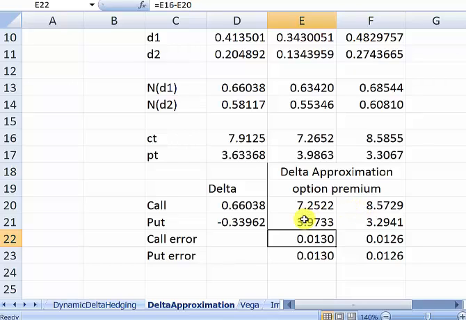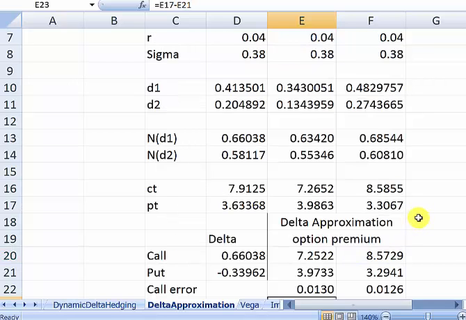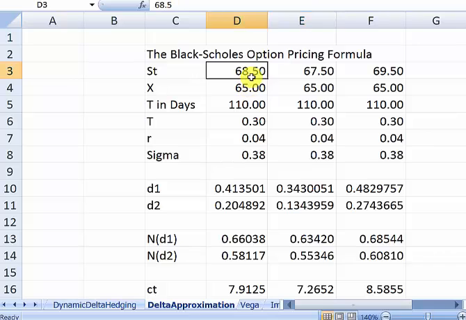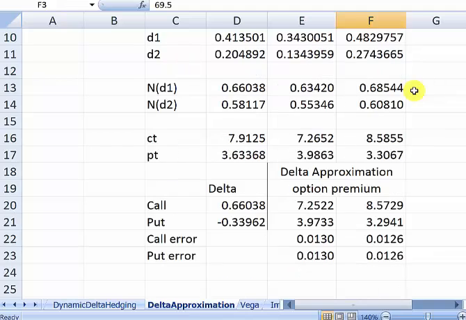And the delta approximated put premium is $3.97. The Black-Scholes put premium is $3.98. So for both put and call, there is basically 1.3 cents approximation error, if the underlying goes down by $1 from 68.50.